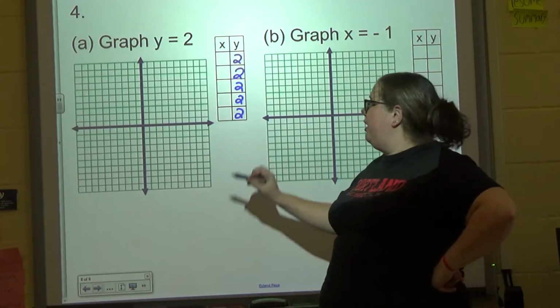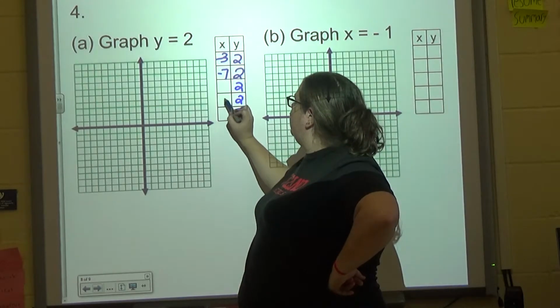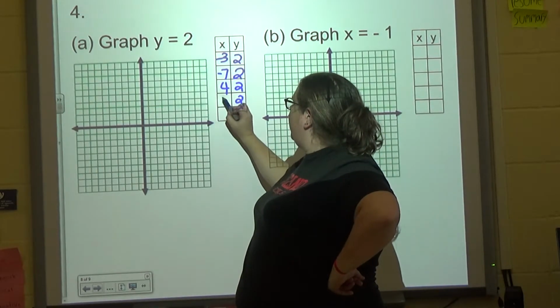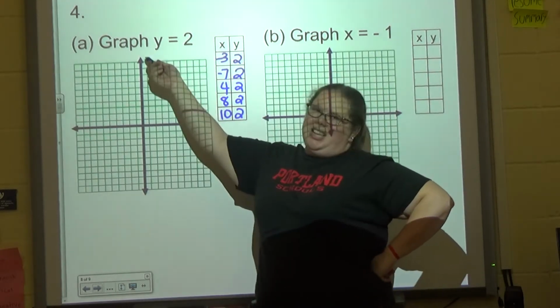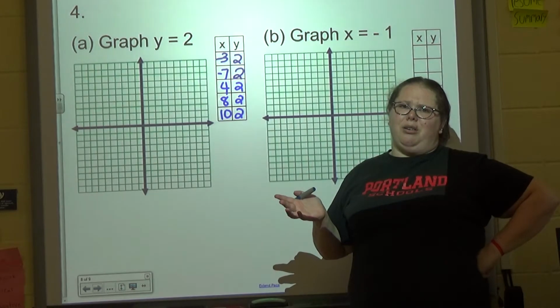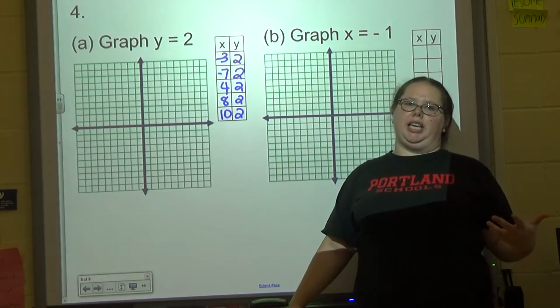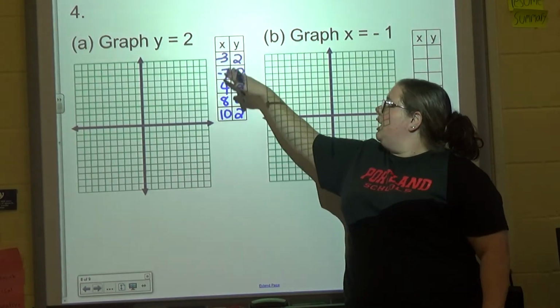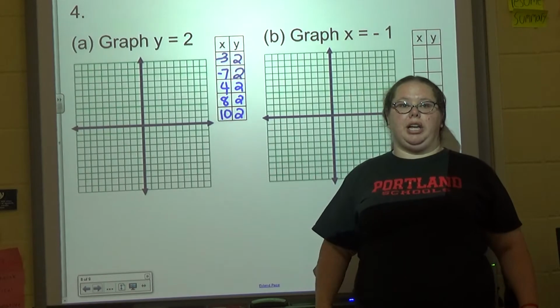Pick random numbers, like we said before, negative 3, negative 7, 4, 8, 10. Does the x value affect the equation? No, it doesn't do anything. If I try to plug in negative 2, there's nowhere for me to plug it in. So the y value is always 2 no matter what.